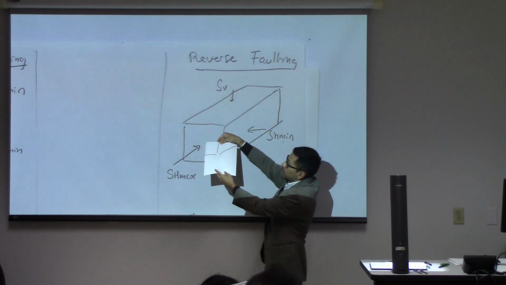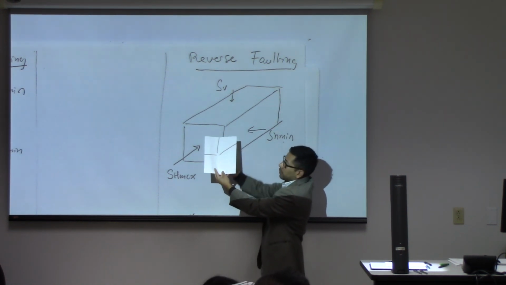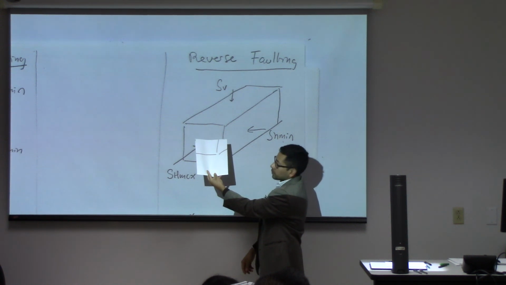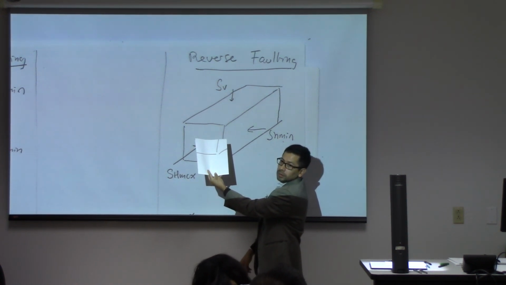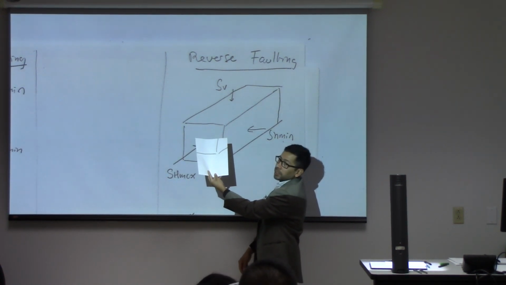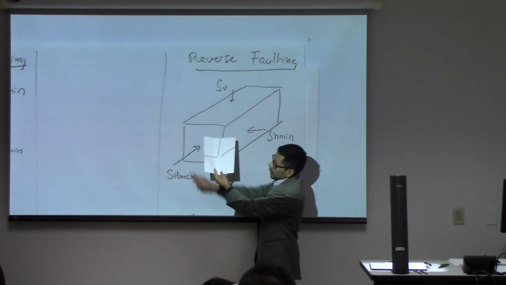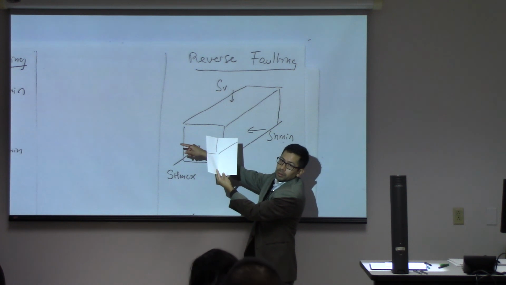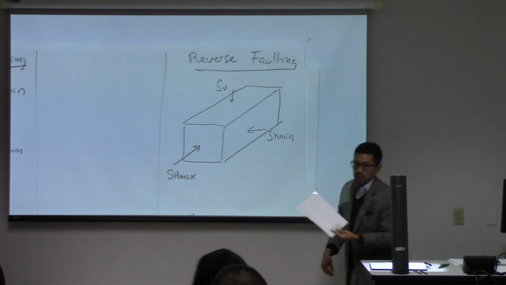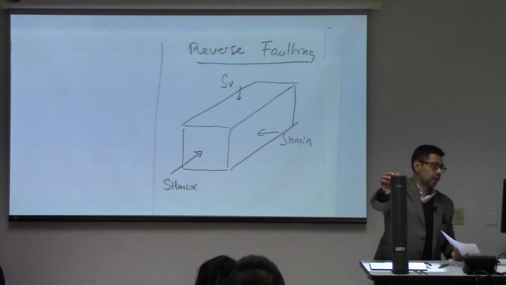So what is going to be the strike of that fault? You can tell me a number, right? Now we can tell numbers about that. So it's the same coordinate system as the other one. 90 degrees, very well. And what about the dip?